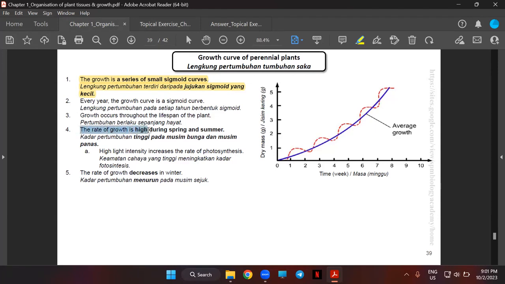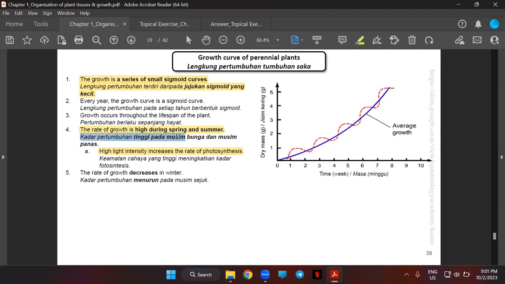The rate of growth is high during spring and summer due to high light intensity. Kalau mau tambah lagi, which increases the rate of photosynthesis. Saya ulang balik. The rate of growth is high during spring and summer due to high light intensity that increases the rate of photosynthesis.